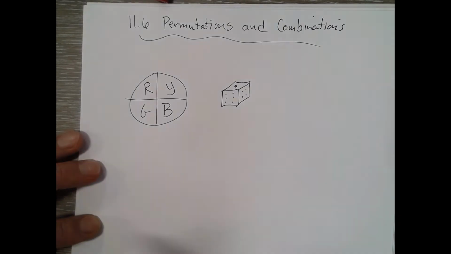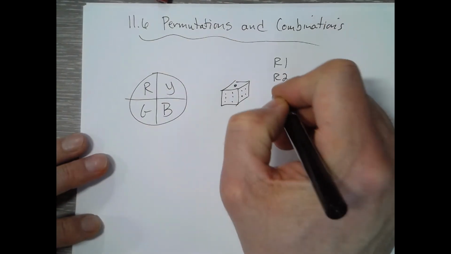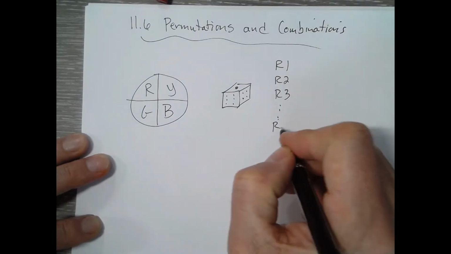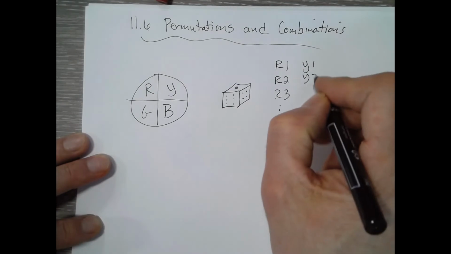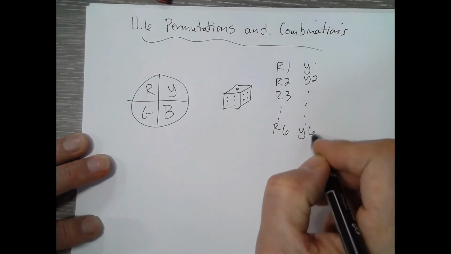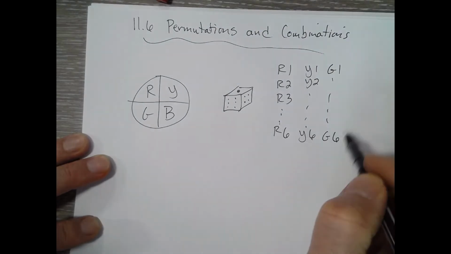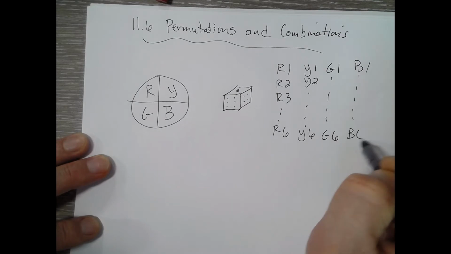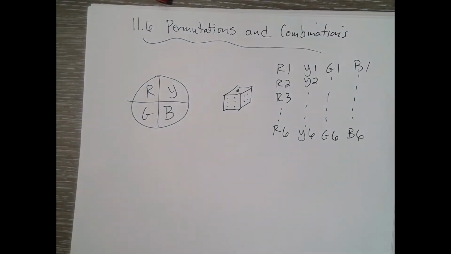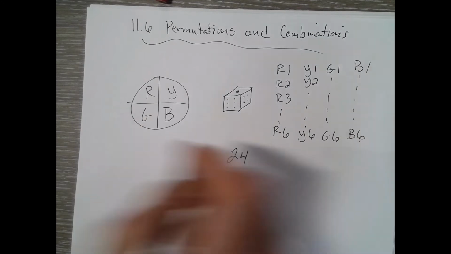Well, you can do red 1, red 2, red 3, all the way down to red 6. Then you could do yellow 1, yellow 2, all the way down to yellow 6, green 1 down to green 6, and then blue 1 down to blue 6. So you could literally list them all out, 4 by 6, so there's 24 different outcomes.